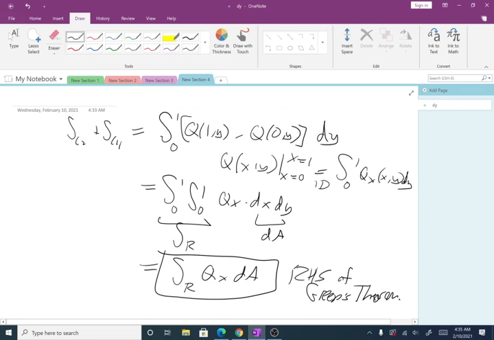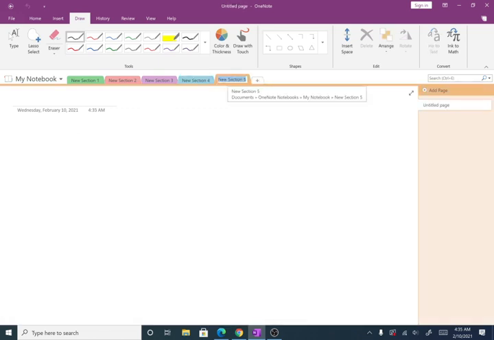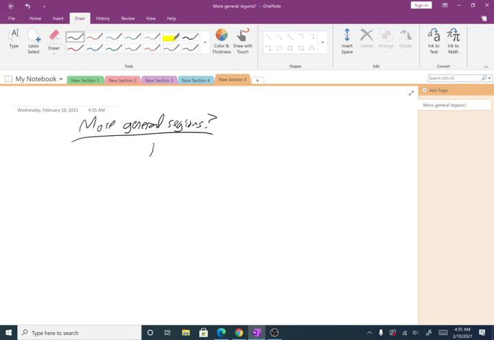So how do we go from this to more general regions? There's a nice trick you can do, and that is you can use piecewise approximation of the domain.